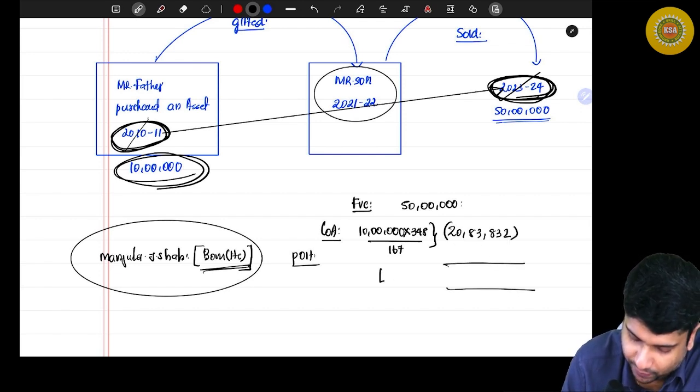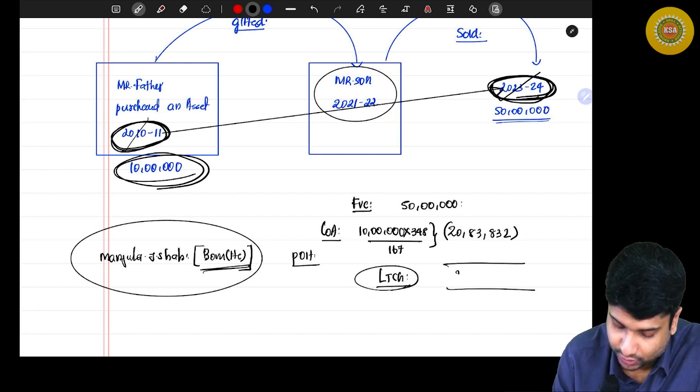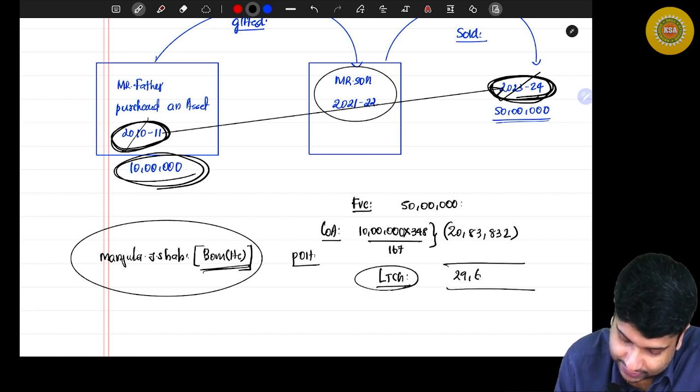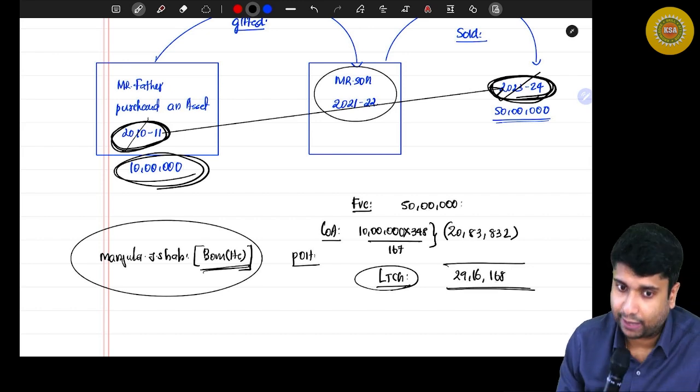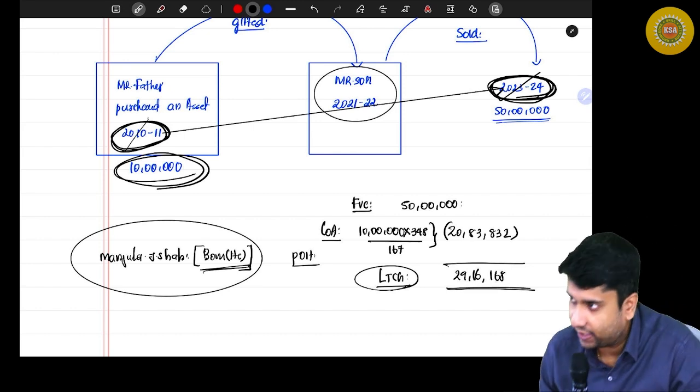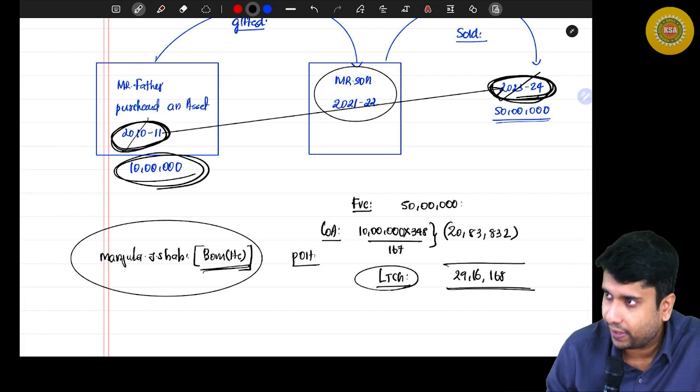And tell me how much will be the taxable long-term capital gain? 29 lakh 16,168 will be the long-term capital gain taxable. I hope it is clear for you. Are you all with me?